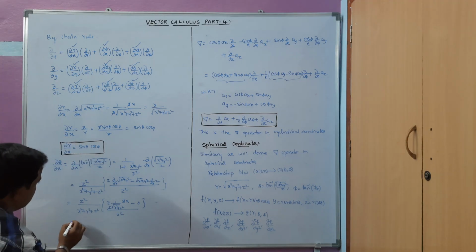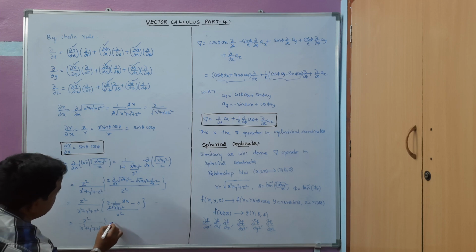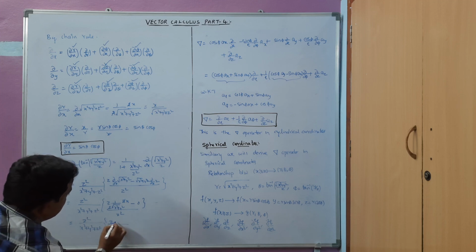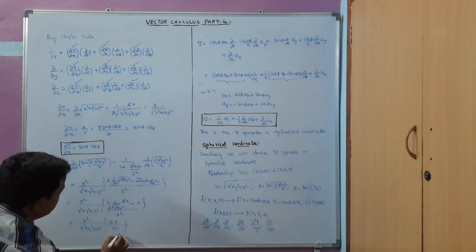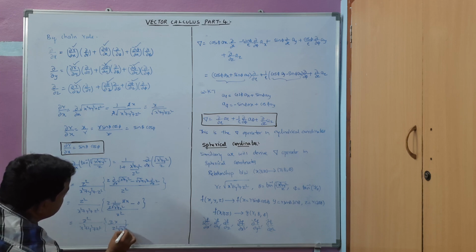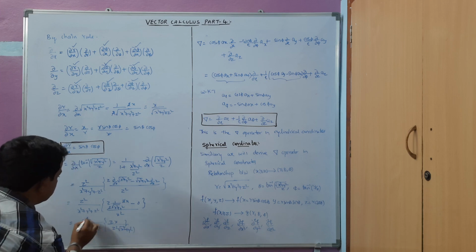Now what I get is z square by x square plus y square plus z square, that is z by zx by square root of z square into square root of x square plus y square. This z square will get cancelled.